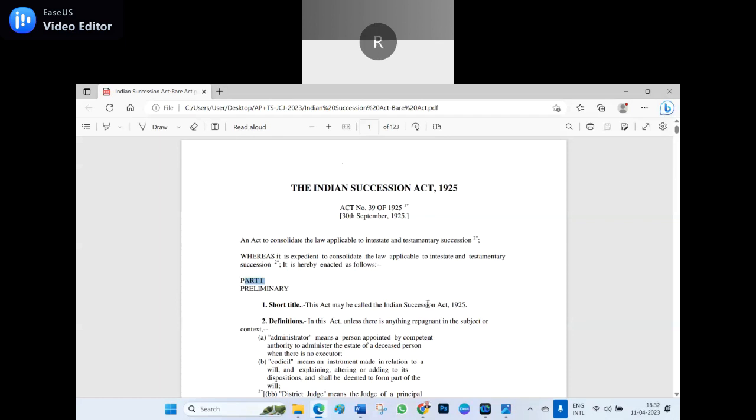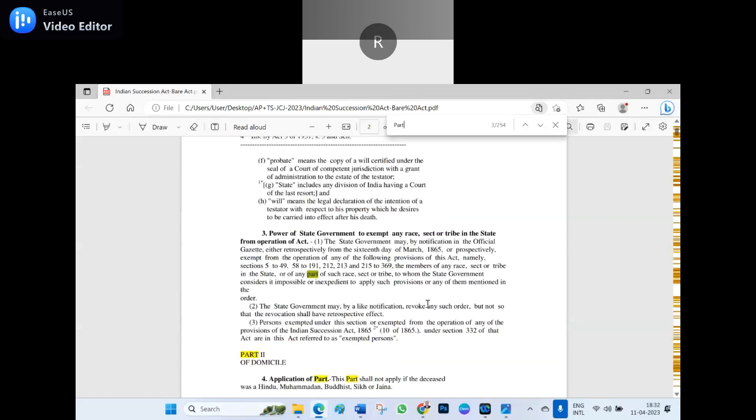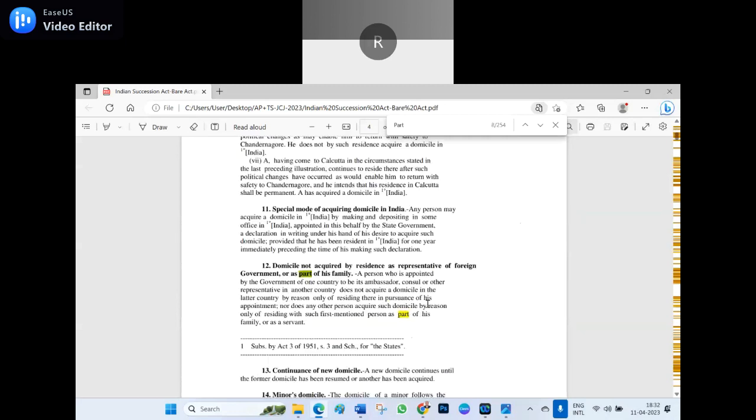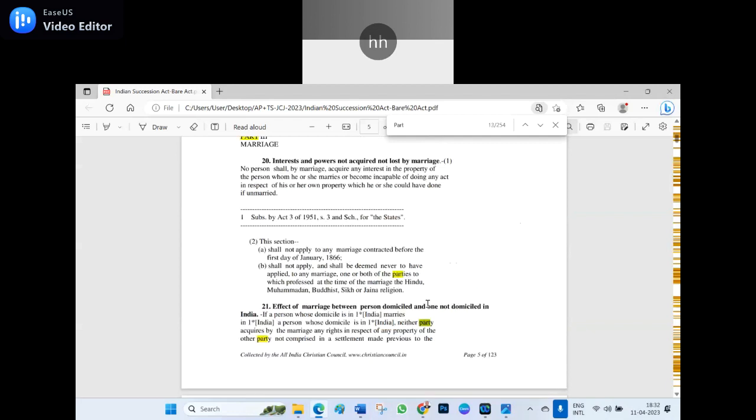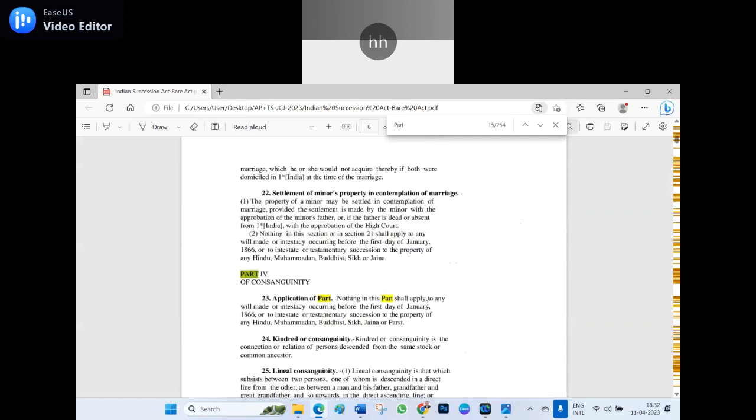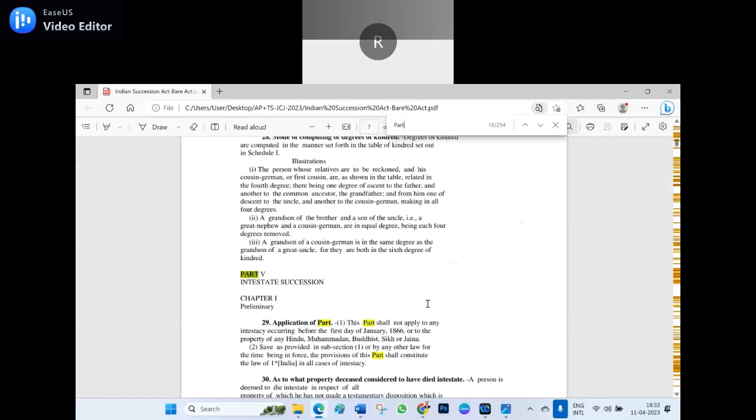So, in the Indian Succession Act, there are parts, like I told you, P-A-R-T. Part 1, again part 2 is there, and again part 3 is there. And again part 4 is there, of consanguinity. Part 5 is there, intestate succession.